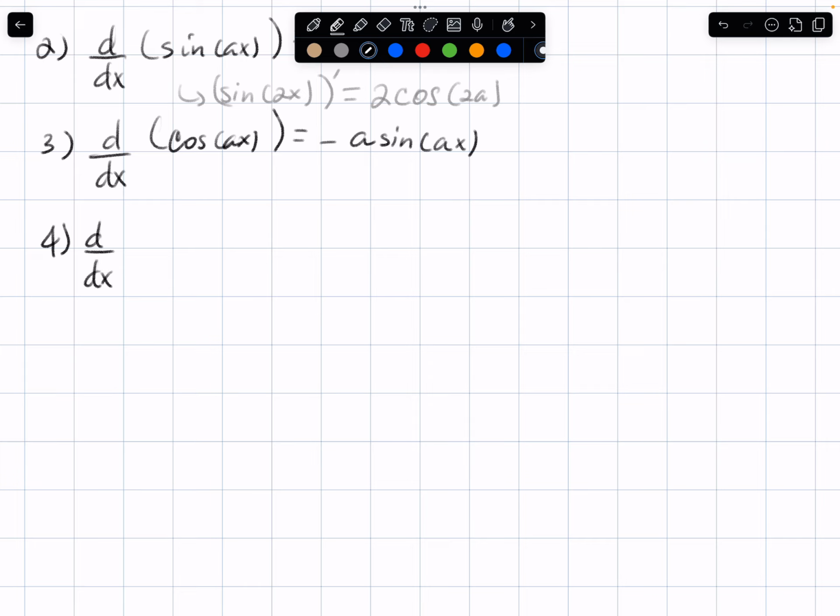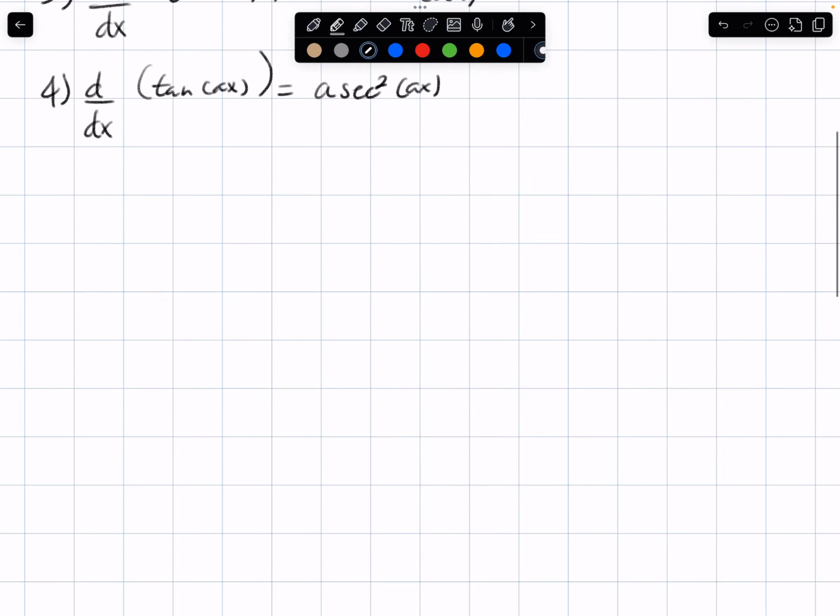Next one would be the derivative of tangent of ax, which becomes secant squared of ax. Derivative of cotangent of ax, which turns into negative cosecant squared of ax.